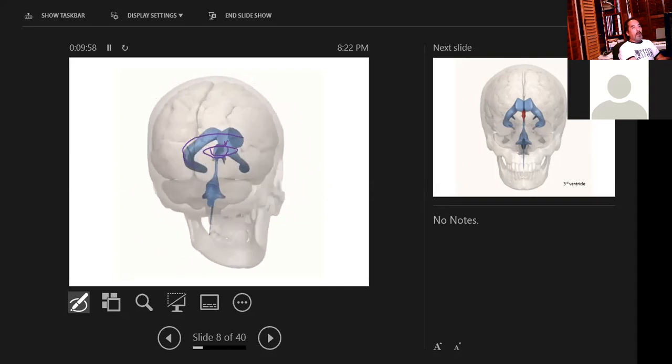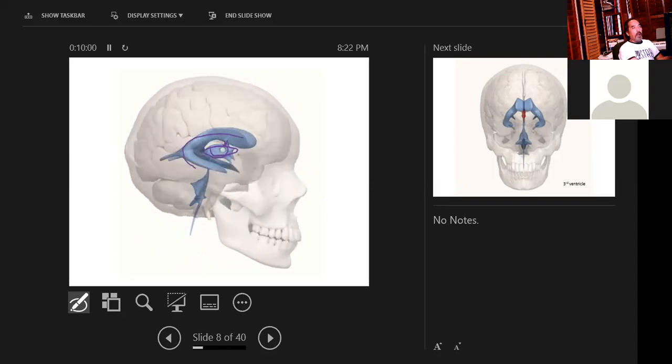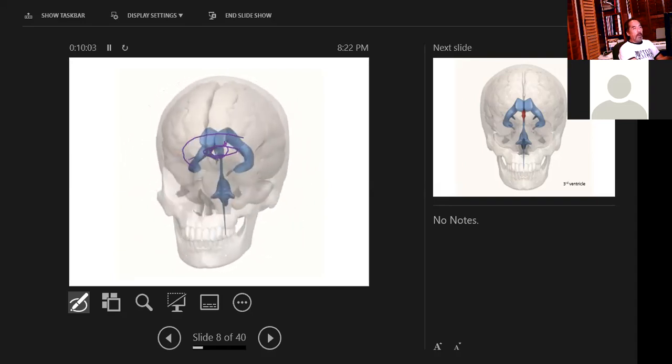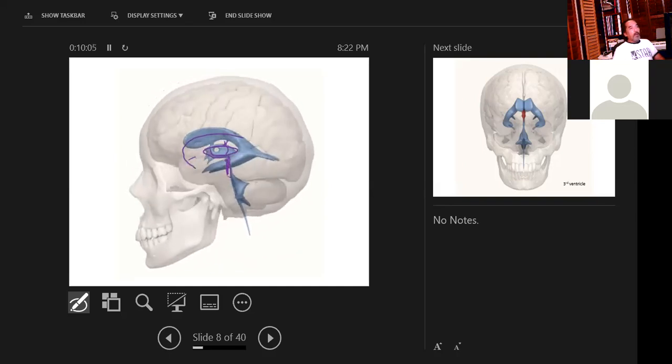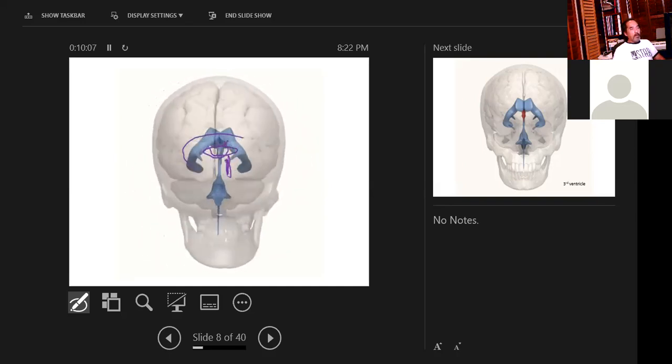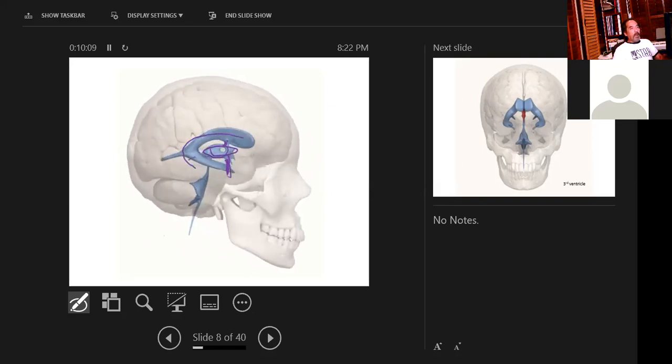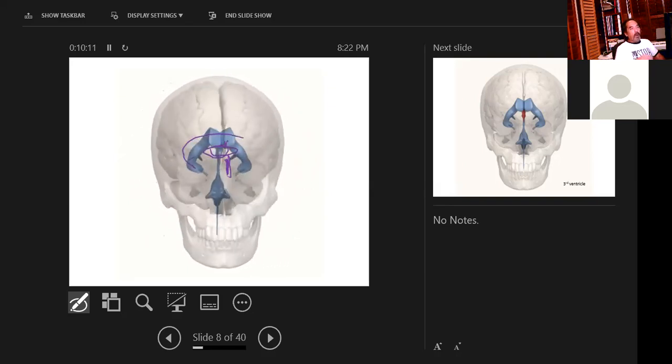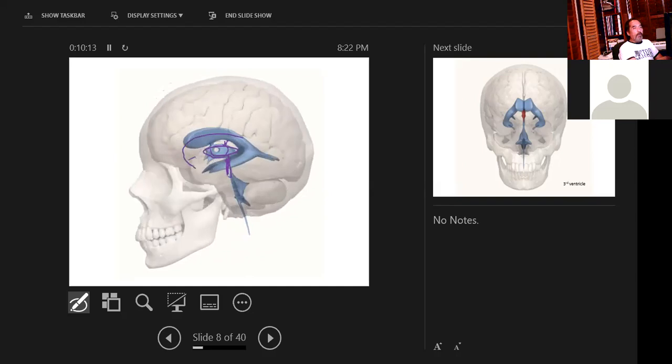And then the third ventricle connects to this narrow tube called the cerebral aqueduct right there. And the cerebral aqueduct then connects down into this square-looking ventricle called the fourth ventricle.